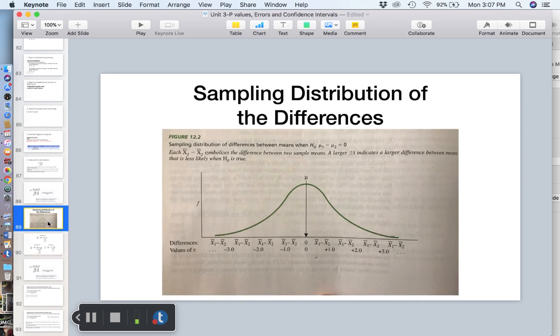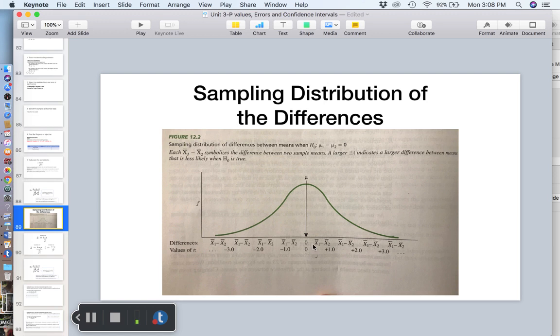So for our independent samples t-test, we have a new distribution. We call this distribution the sampling distribution of the differences between the means. In the middle of this distribution, you'll see that the number is 0. This 0 stands for the fact that in our null hypothesis, we're saying there's no difference between the means for these two groups. But the reality is there may be a difference between these two means.